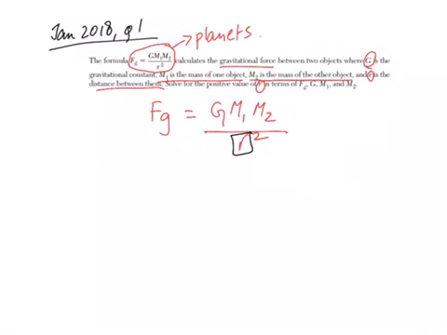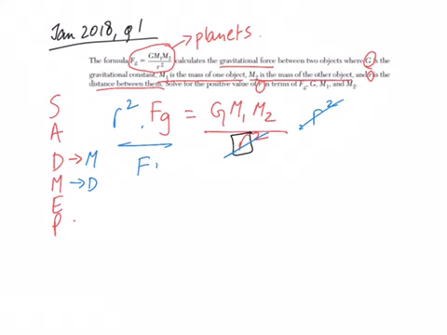Okay, so SADMAP. We see a division. What's the opposite? Multiply. So let's multiply r squared on both sides. This will cancel. Then we see a multiplication, so let's divide Fg on both sides.